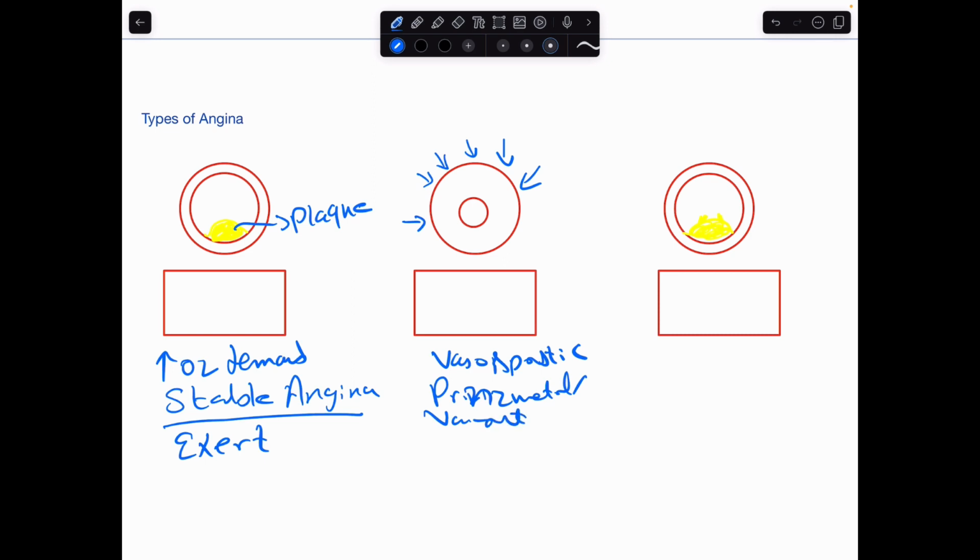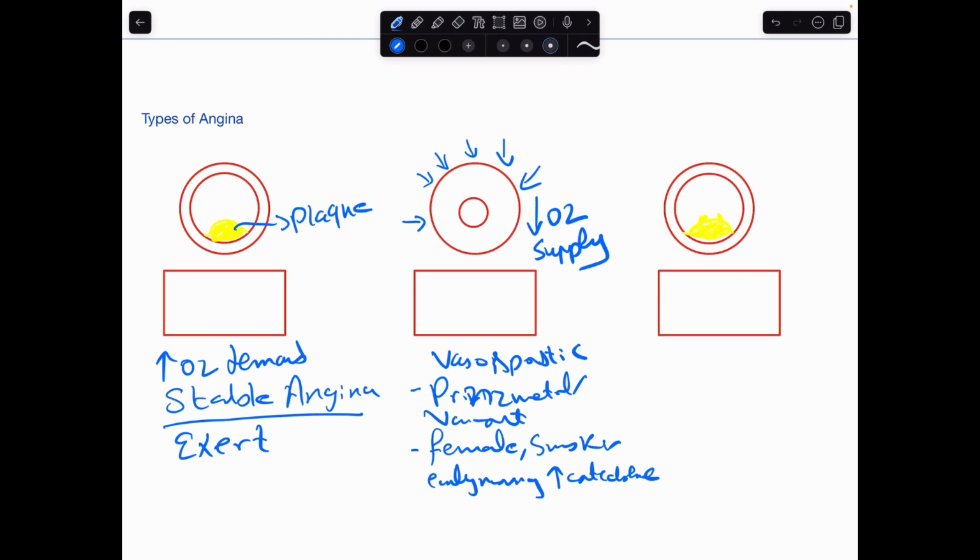This typically happens, and the typical features are that most of the time it's a female, a smoker, and it usually happens early in the morning when there is a catecholamine surge. So essentially the problem here is not the oxygen demand, it's the oxygen supply, because the vessel is a bit narrower.